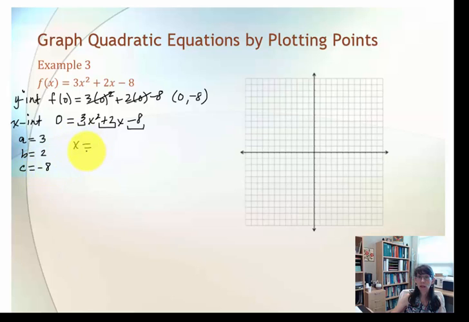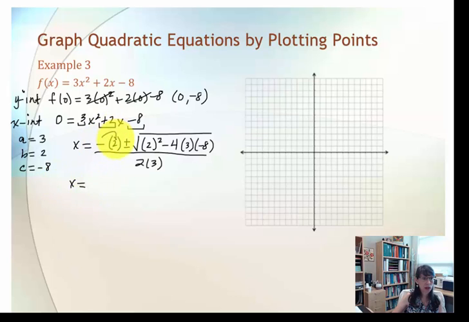Substituting those values into the quadratic formula, our minus b means minus 2, plus or minus square root of b squared means 2 squared, minus 4 times a times c, all divided by 2 times a. So that's 2 times 3.